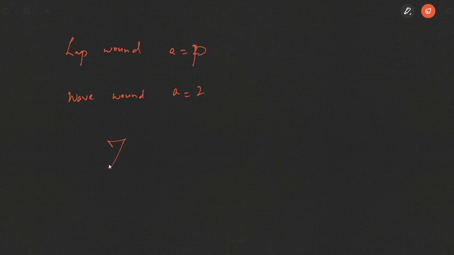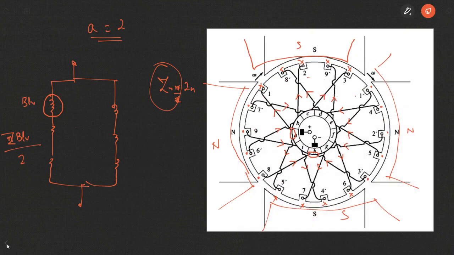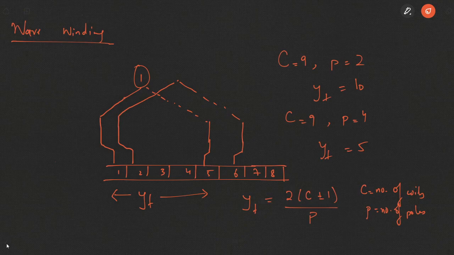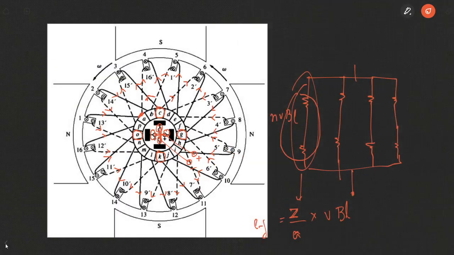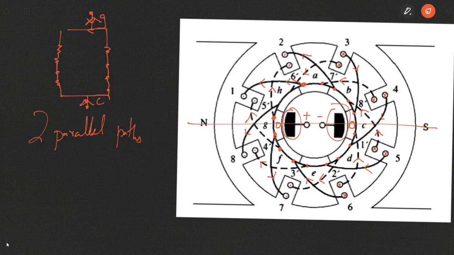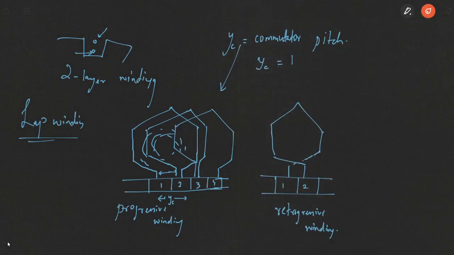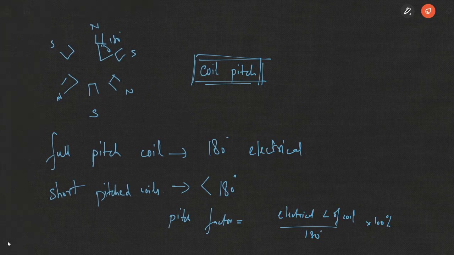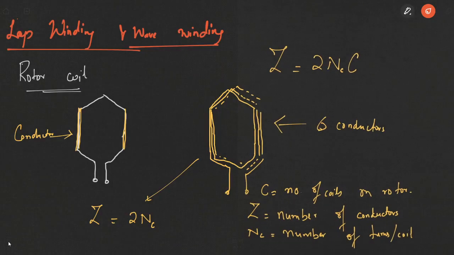Fine. Also we have deduced the formula for Z, that is the total number of conductors, in the last session. I told you that one coil side basically represents one conductor. So each coil will have two conductors, and if you have C coils and n number of turns per coil, the total number of conductors will be 2nC.